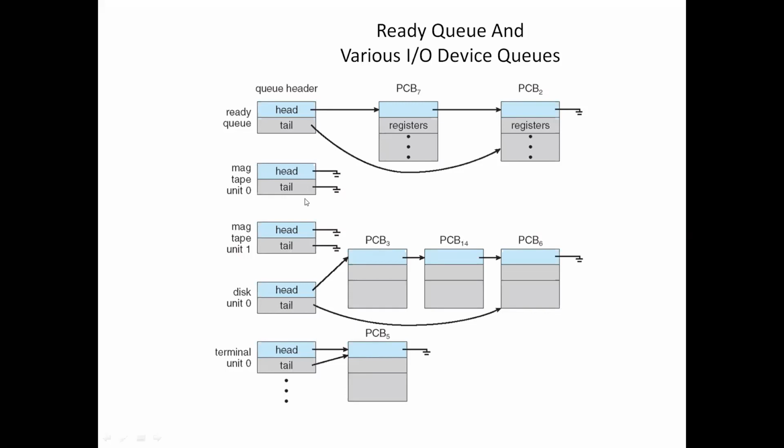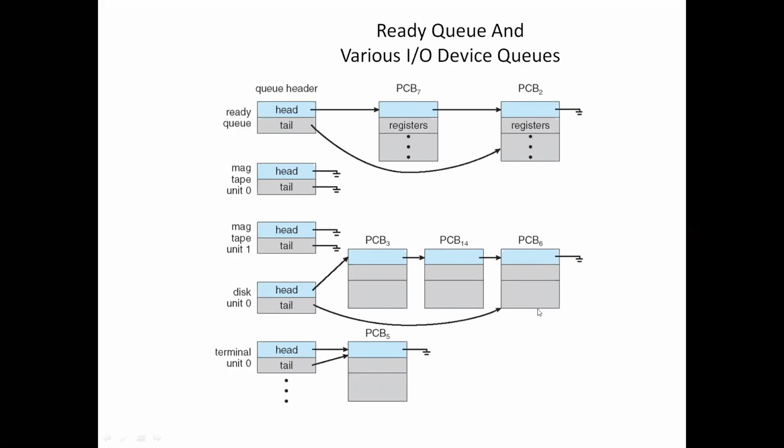If you have three processes in the ready queue, the first process will be pointed to by the header, and this first process control block will point to the next process control block, which points to the next one. The tail will point to the final process control block, that is, the final process.